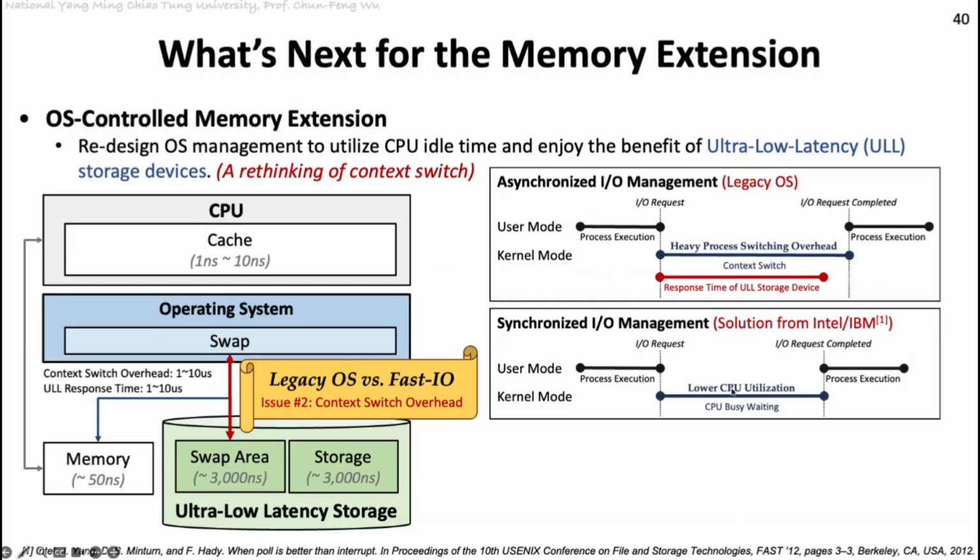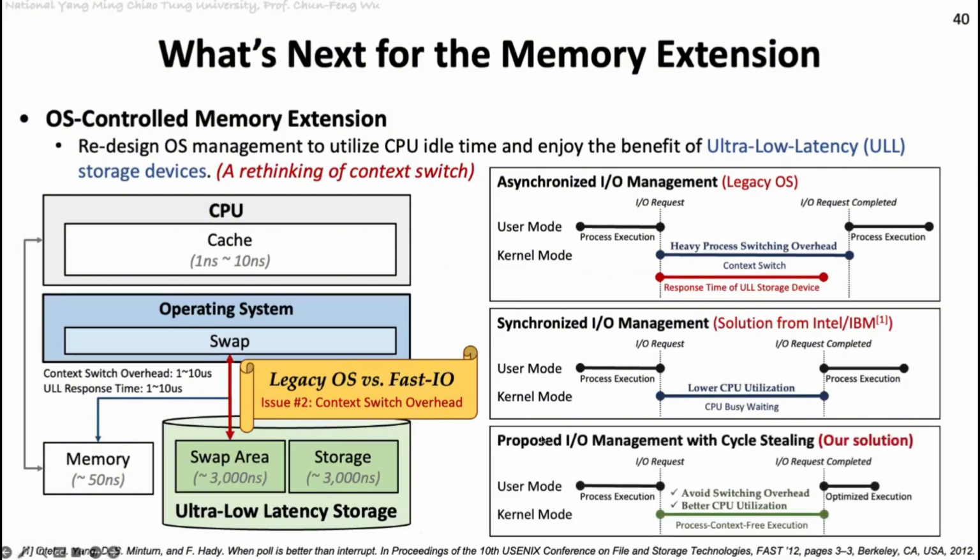But the problem is when the CPU is doing busy waiting, this is still a storage device, so the CPU needs to wait for like 2 or 3 microseconds. Then CPU utilization will be decreased. So our idea is: is it possible to let the CPU run some very special tasks during this I/O completion duration?